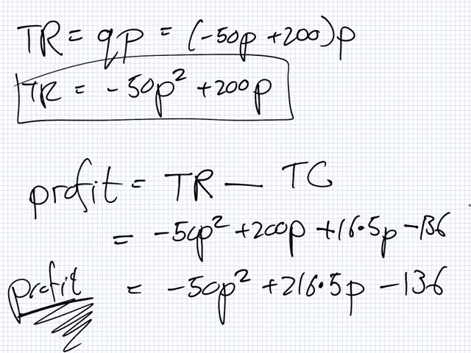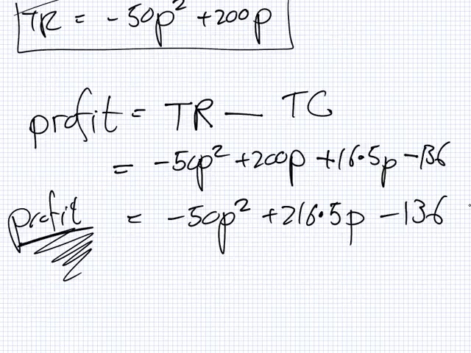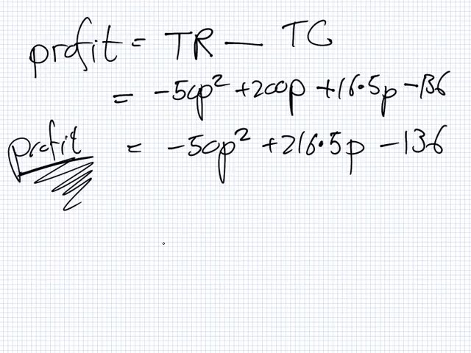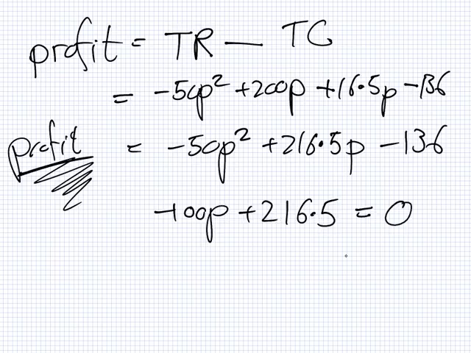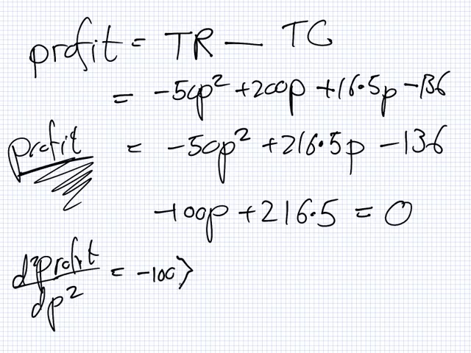Do they want to make the profit maximum or minimum? Maximum. How do we do that? Derivative equals 0. Let's check it's a maximum. What's the second derivative here? Minus 100, which is negative, which is a maximum.